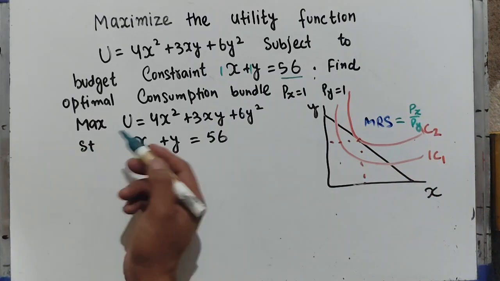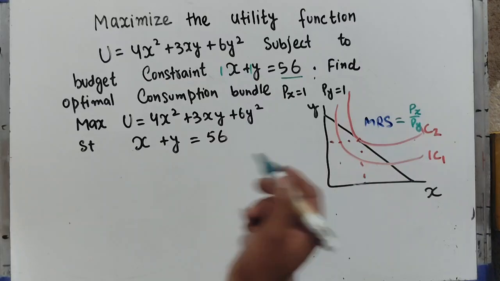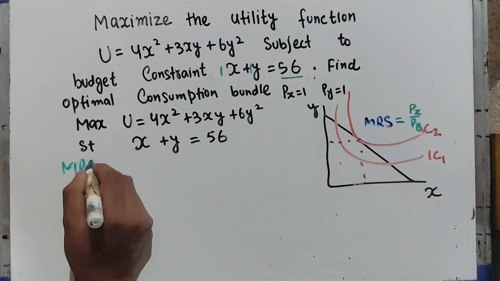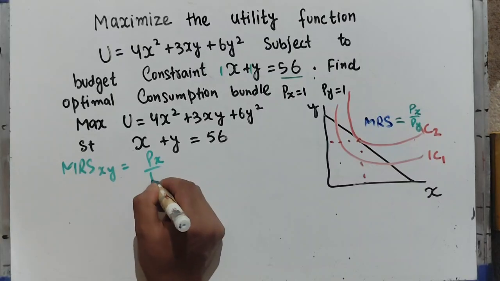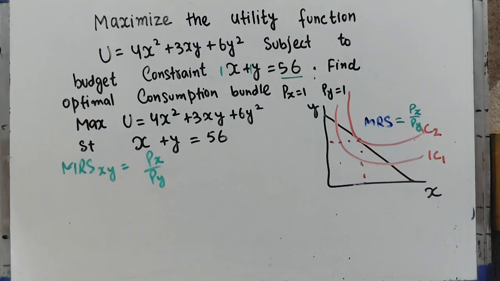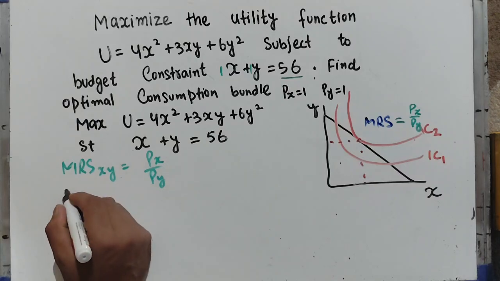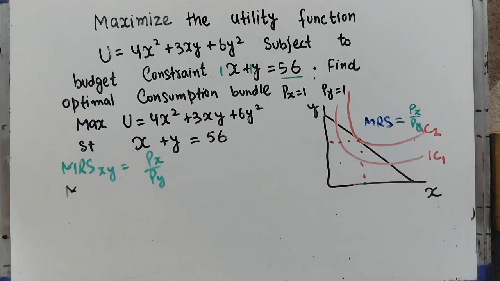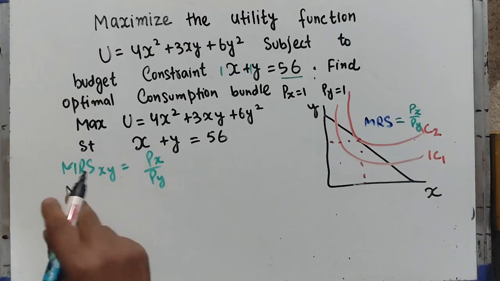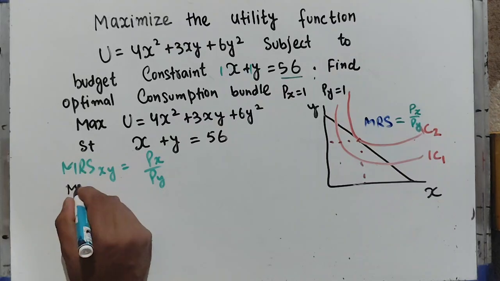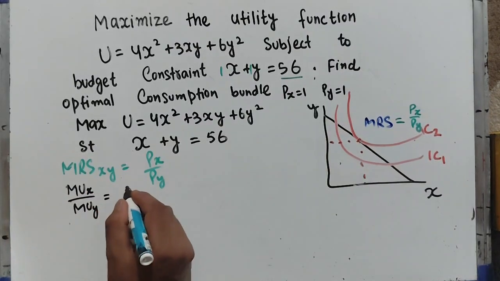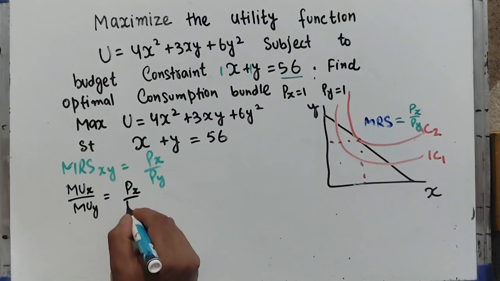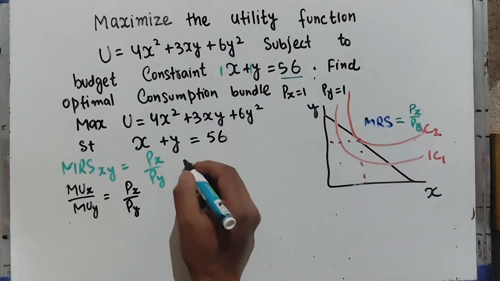So at optimization or at equilibrium, the marginal rate of substitution between good x and y should be equal to the ratio of the prices of good x and y. Now MRS is simply the ratio of the marginal utility of good x and the marginal utility of good y, and it should be equal to the ratio of the price of good x and the price of good y.